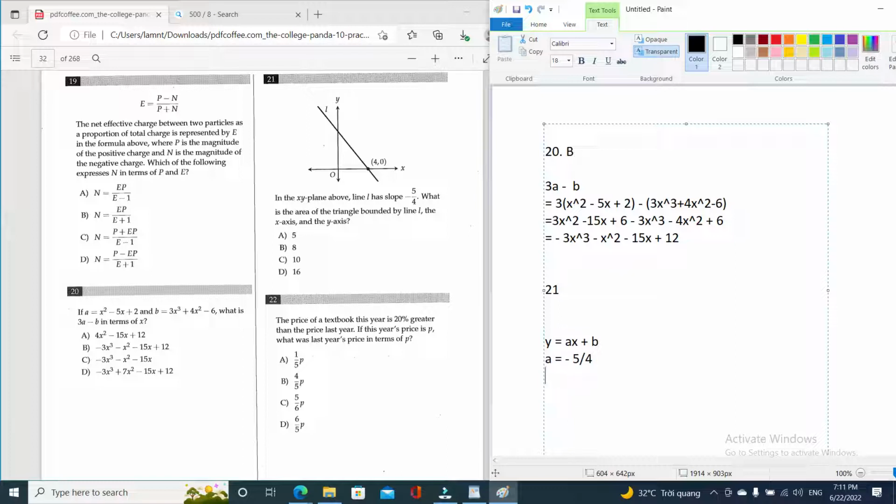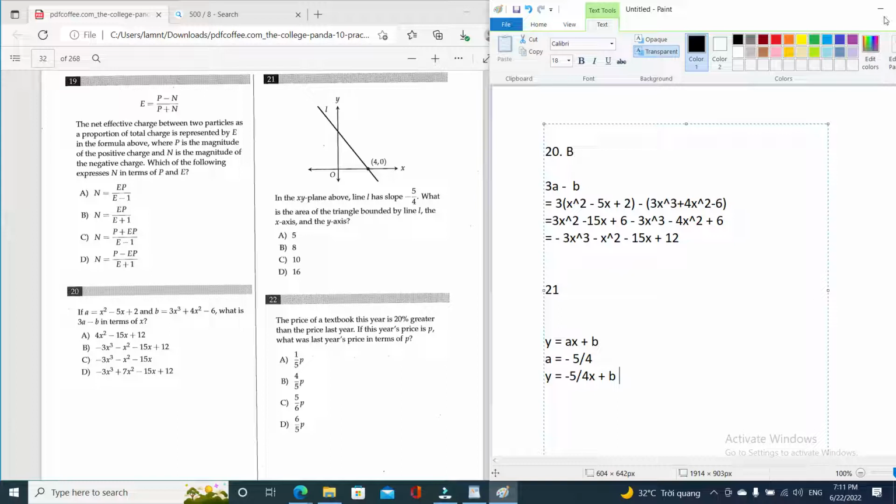So we can rewrite y equal to minus 5 over 4 x plus b. They asked about the area of the triangle.